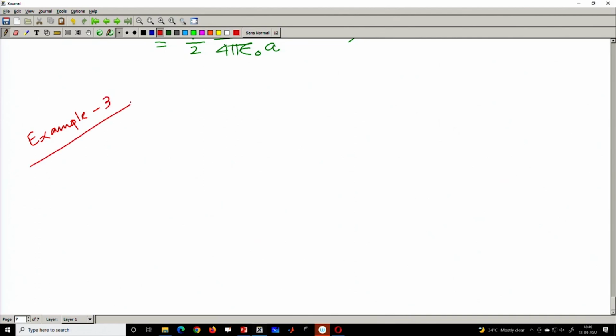So, now we calculate the electrostatic energy for a charged sphere.